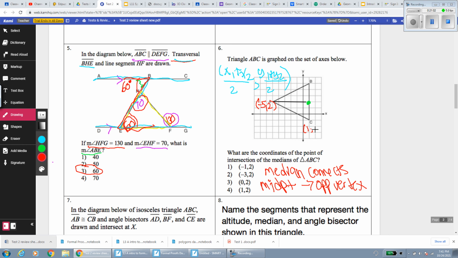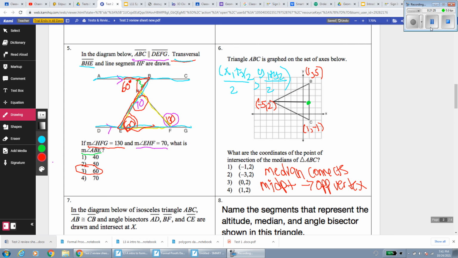Let's make sure I got that right. And B is 1, 5. Now that we have written down the coordinates, we should be able to find the midpoint of AB and AC. So I'm going to take a second and do that, and please do that on your end if you haven't already.